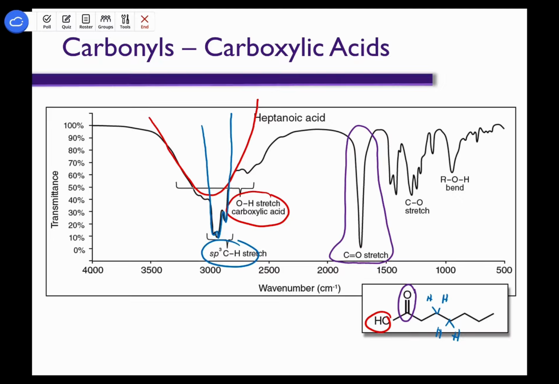It's because it's overlaid together. We have sp3 carbon-hydrogen and hydroxyl stretching happening around the same region. But we can identify it because normal sp3 carbon-hydrogen stretches are like this, and now it's much broader, and it has that carbonyl stretch. So we want to look for all of these clues, and based on that combination, we can identify this as a carboxylic acid.